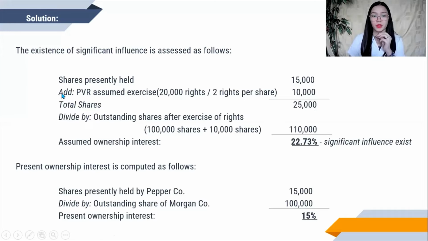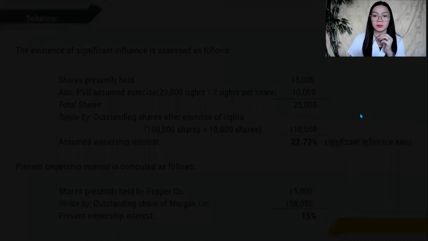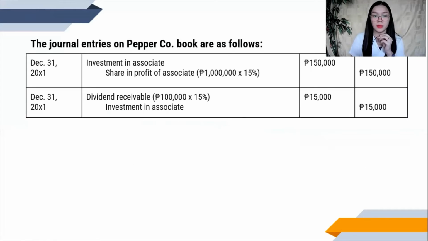So yun, yung potential voting rights na na-exercise natin is ginagamit lang po yun in assessing kung meron nga bang significant influence o wala. Pero i-exclude natin yung effect ng potential voting rights at ang gagamitin natin is yung present ownership interest talaga natin for the computation or in the determination ng ating share sa profit or loss or sa equity ni investee. So sagutan na natin yung pinapahanap na yung requirements do sa problem.